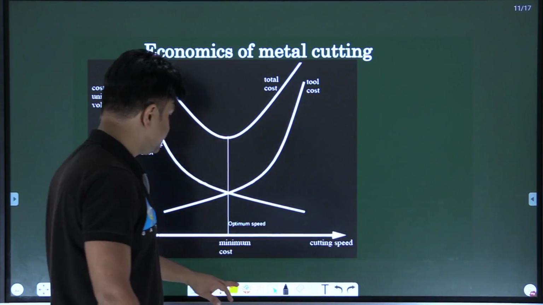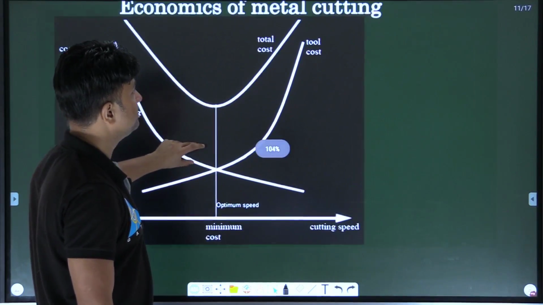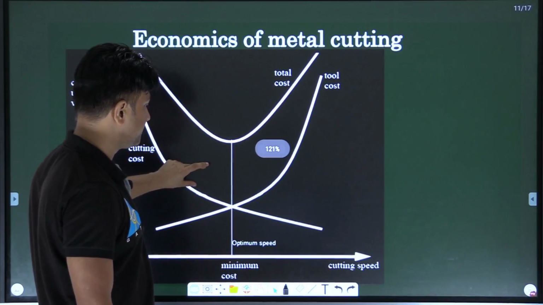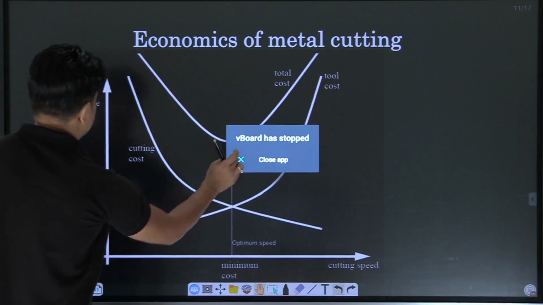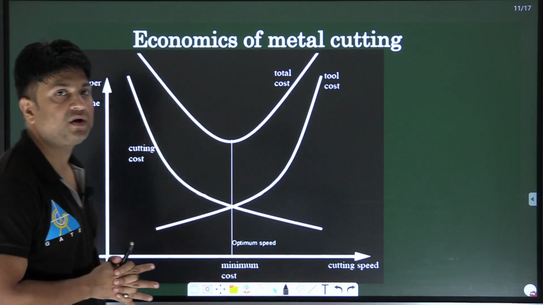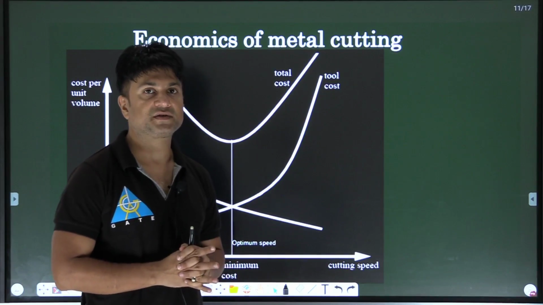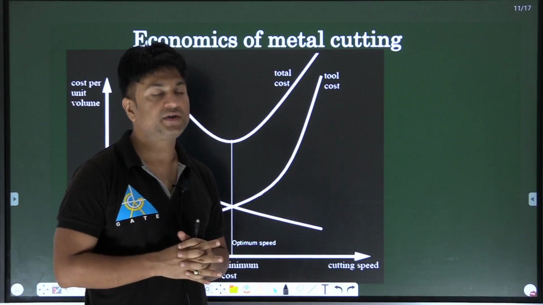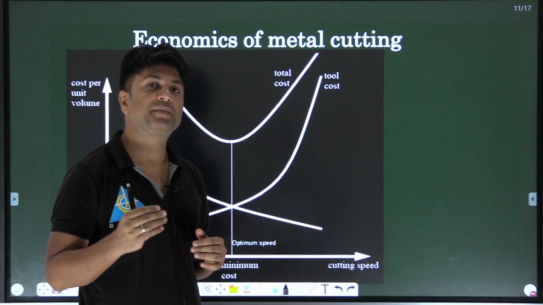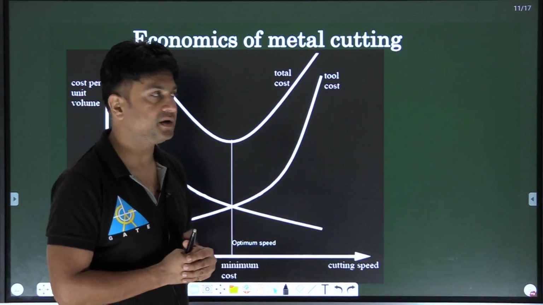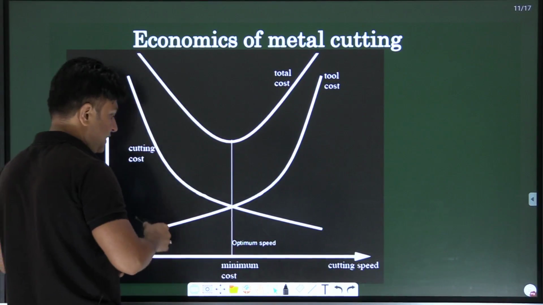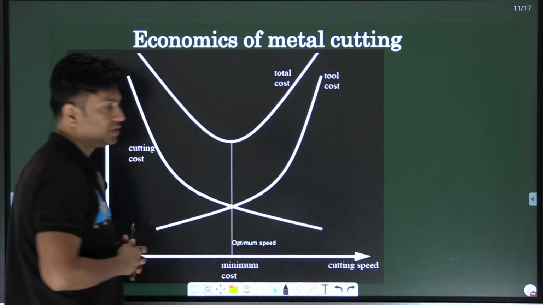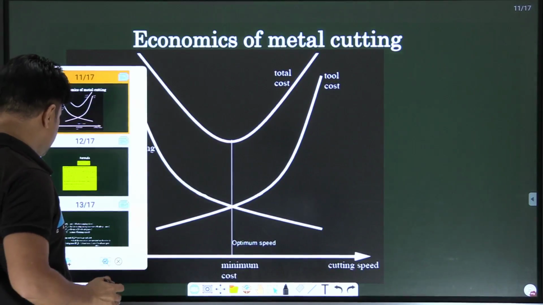Here let us see, this graph is very important. Generally the total cost will depend on the cutting velocity, and it has two parameters: one is the cutting cost and the other is the tool cost, right. I will explain.